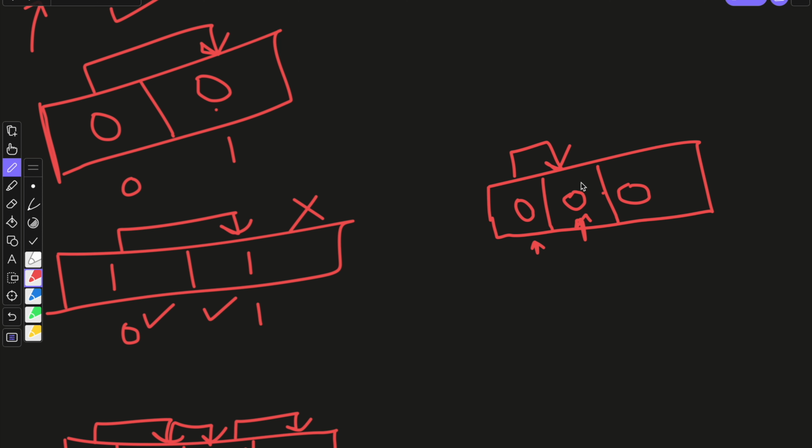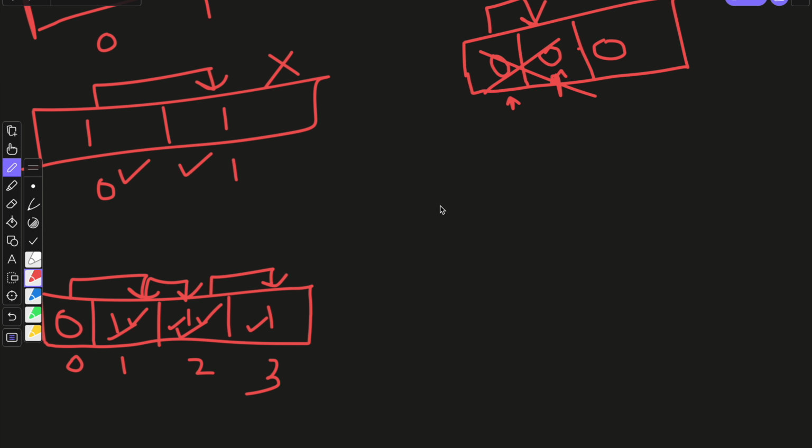So it must be that one is a winner and one is a loser. Okay, so we cannot have consecutive zeros. So the first observation we have is that no consecutive zeros we can have.